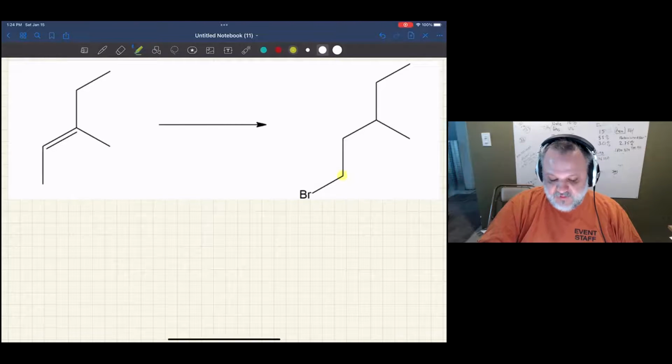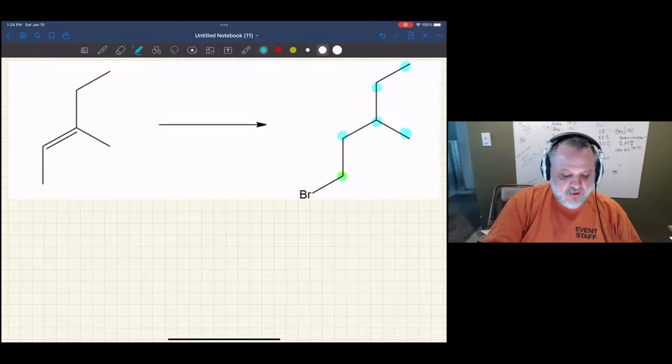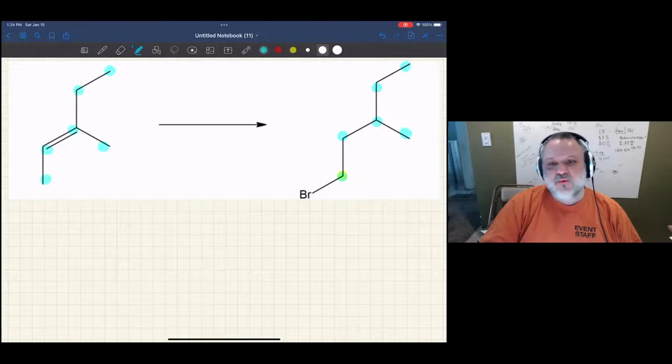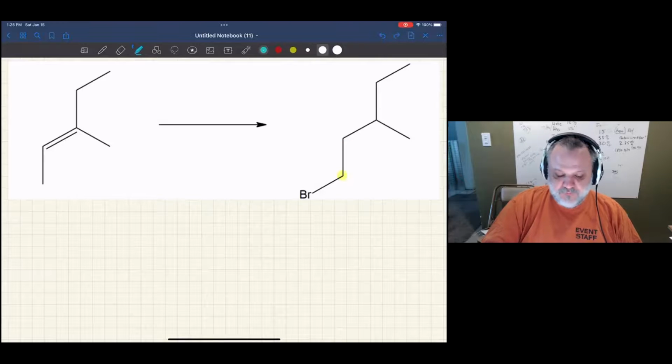Now, I said let's count carbons. We've got 1, 2, 3, 4, 5, 6 in the product, and in the reactant, we have 1, 2, 3, 4, 5, 6. So we know that we don't have to add or remove carbons. That means all we need to think about are functional group transformations. Well, how do I get a bromine in this position?